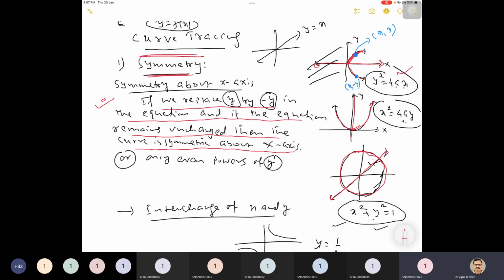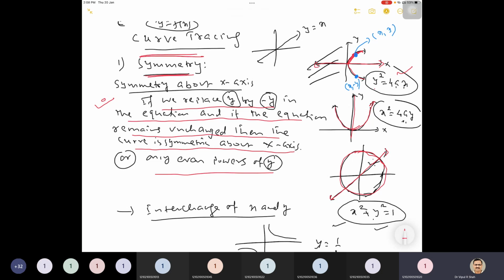You may see also in this way: only even powers of y in the equation, then also the curve is symmetric about x-axis. Okay, everyone? Are you writing? Yes, sir.